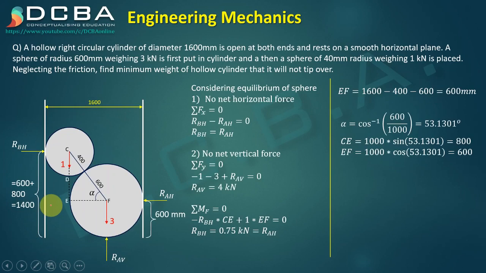So how to find that? RBH will be acting at 600 mm plus CE, which is 800, so 600 plus 800 is 1400, and RAH is acting at 600 mm, and RAV is as it is. We do not require it in the equilibrium of the cylinder, right?